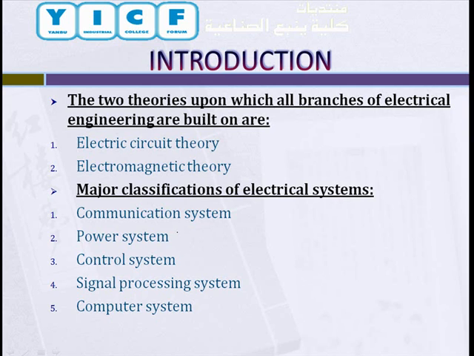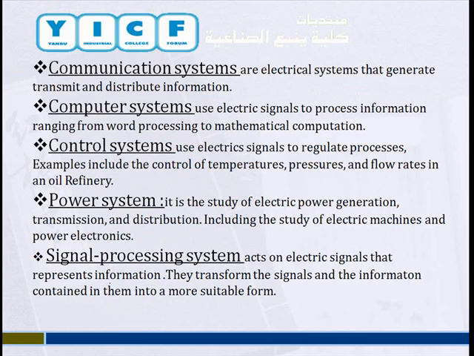There are 5 branches of electrical engineering: communication systems, power system, control system, signal processing system, and computer system. What about the communication system? It is an electrical system that generates, transmits, and distributes information. It is related to information.